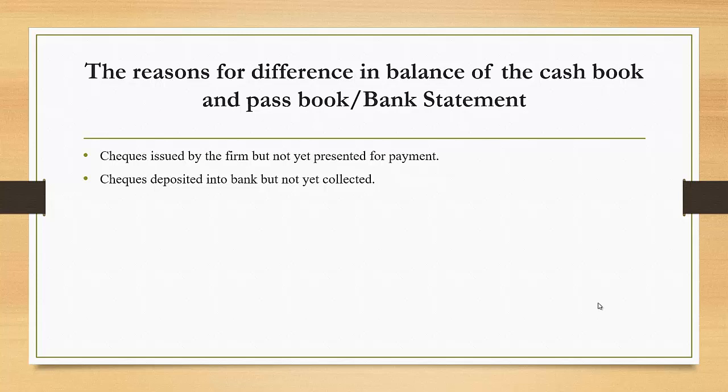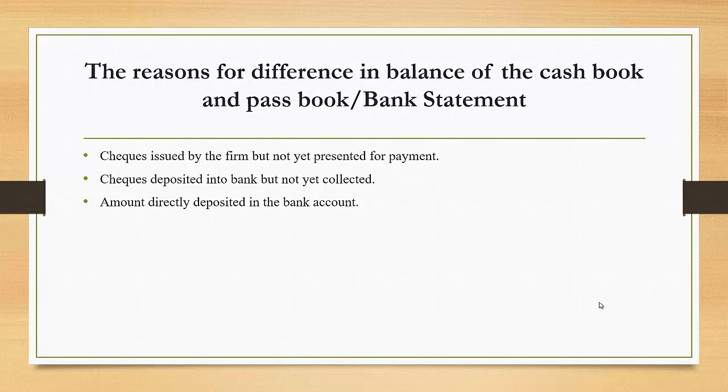Similarly, the second reason is checks deposited into bank but not yet collected or cleared. As soon as the company receives checks from customers, they deposit those checks in their bank account, and normally it takes a day or two to clear those checks. Let's assume we deposited on the 30th and the check is cleared the next day, which is the first day of the next month.